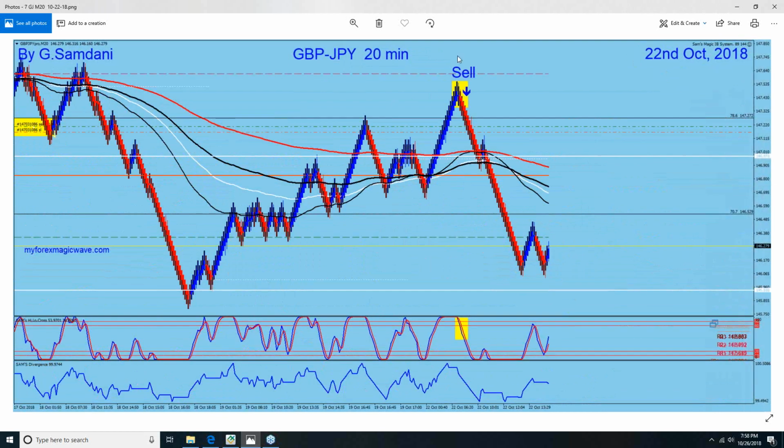On the 22nd, it went up for that day, and then all the way here, at some level I forgot to write down, it started dropping. That's where I got in, knowing that the pound is going to get weaker. It is getting weaker, and this pair is going to drop.